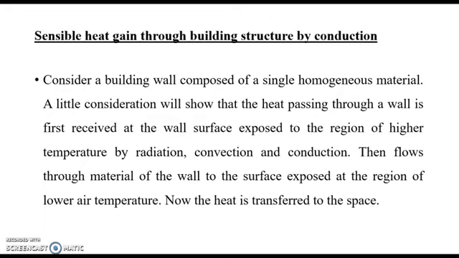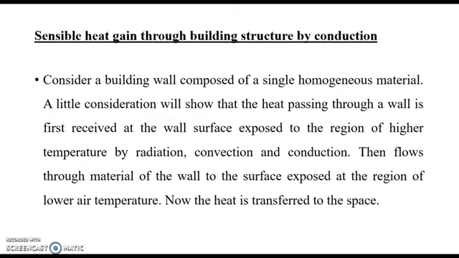A little consideration will show that heat passing through the wall is first received at the wall surface that is exposed to the region of higher temperature by radiation and conduction. Then the heat flows through the material of the wall to the surface exposed to the region of lower temperature. Now the heat is transferred from the inner side of the wall to the space. This is the simplest one.